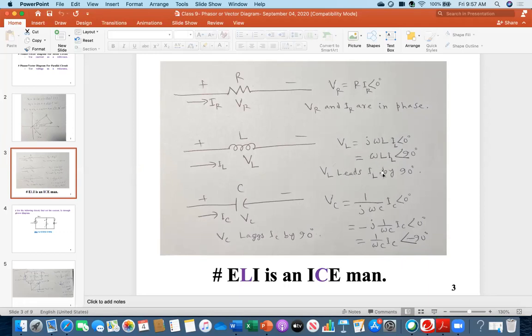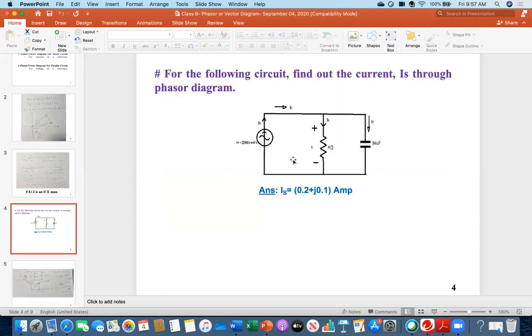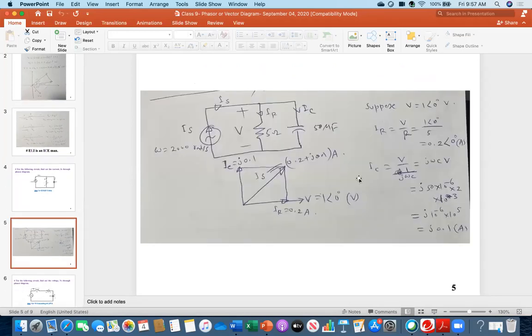That's the thing. Okay, so keeping in mind this conclusion, now please go back. This was our problem, and I was on this slide. Now everybody see, this is a parallel circuit. So for the parallel circuit, what should be the reference? We learned that the voltage should be the reference. So now everybody come back. Voltage is my reference at an angle of 0.